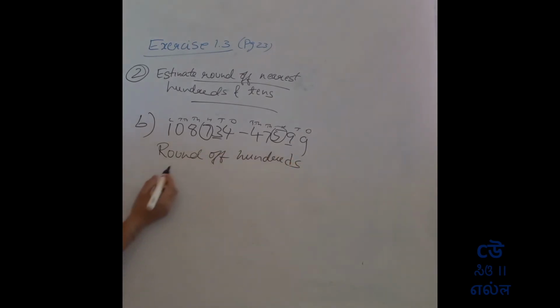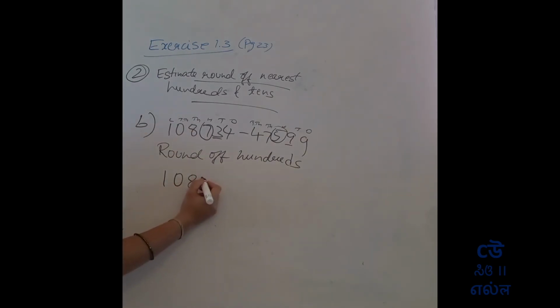So rounding off to 100, 3 is less than 5, so 7 remains as it is. So we'll round off 108. 3 is less than 5, so 7 remains as it is. Then two numbers will take 0, 0. Next, we have 4, 7, 5, 9. 9 is greater than 5, so 5 is increased by 1.